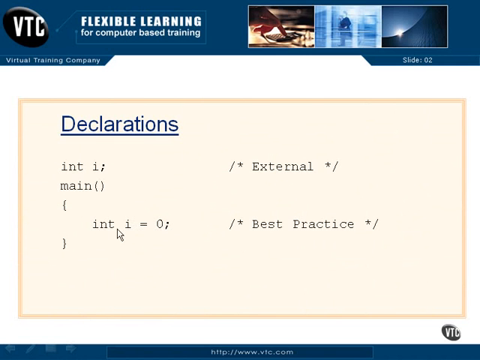So here we declare an integer I, and we set it equal to the value 0. So that's our best practice, is to get that thing set to some known value before we ever try to use it. This integer I, because of the way C programming works, will be set to 0 as well, because externals are automatically initialized. They are given a 0 value if you don't give them any other value.